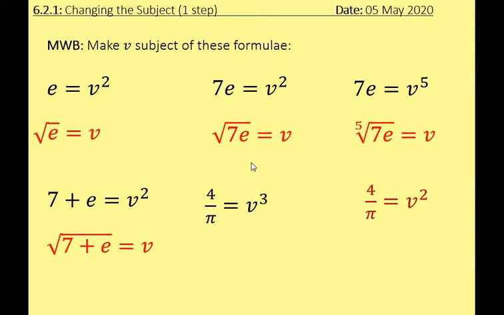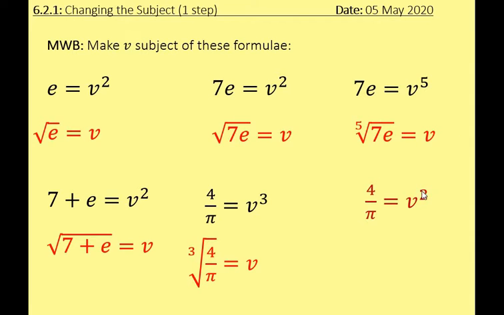Next I have 4 over pi equals V cubed, so that means I have to do the cube root to both sides. So I'm going to write it like this, the cube root of 4 over pi equals V. Remember, you can write this one as the cube root of 4 over the cube root of pi as well. I didn't do that for this one.